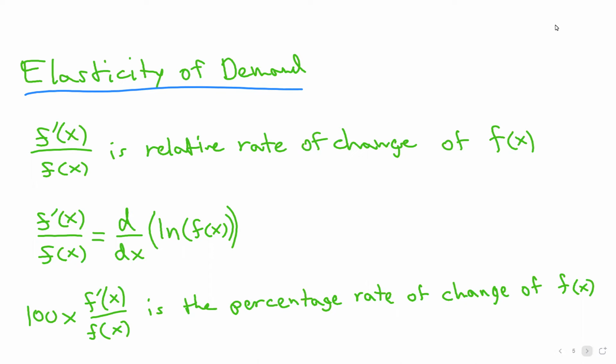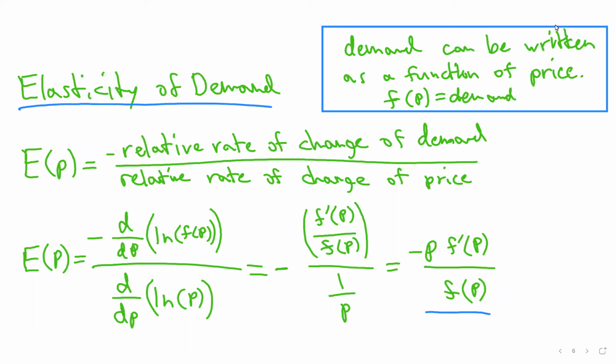All right. So let's talk a little bit about what elasticity of demand really is. We have the definition here. E of p is equal to negative the relative rate of change of demand over the relative rate of change of price. What this really means will come into view a little later.